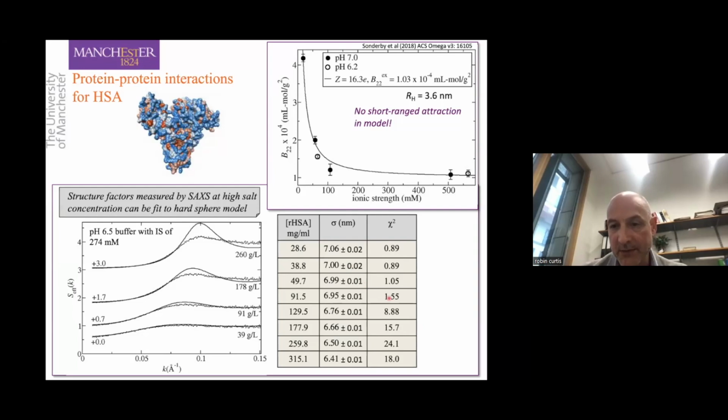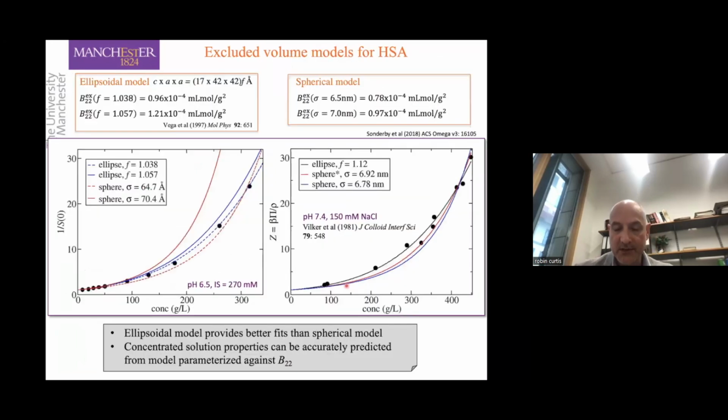One of the things is that when you fit the structure factor profiles to the spherical model, you do see that the size decreases. That's because you're assuming a spherical geometry for the protein. So what we compared is fitting the structure factor data, or the osmotic compressibility data, as a function of protein concentration. We compared an ellipsoidal model, which reproduced the form factor for HSA pretty well, versus a spherical model.